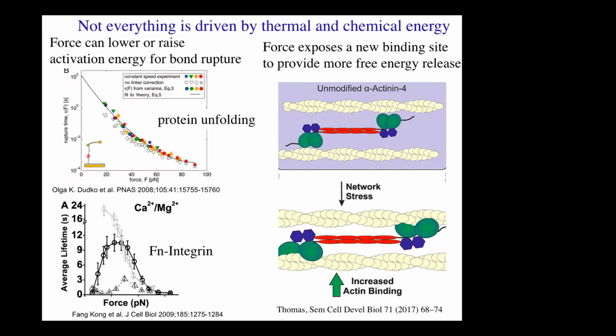Very small forces will cause this interaction to be more stable. And eventually, if you pull hard enough, you can destabilize it. So force has this very complicated and presumably biologically important role to play.